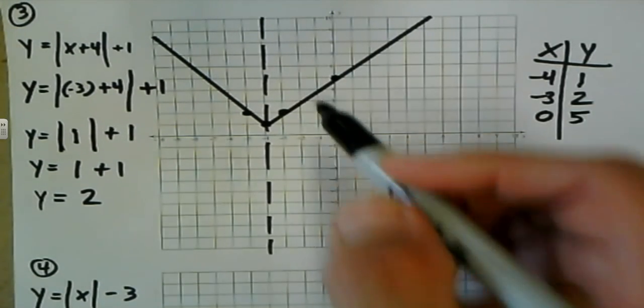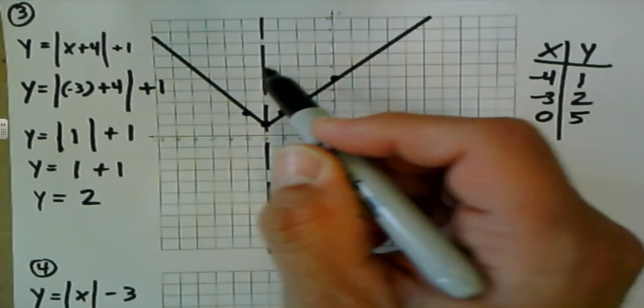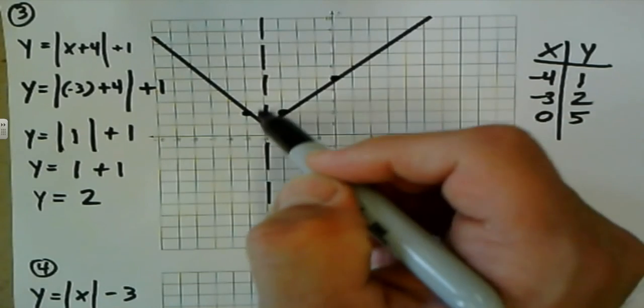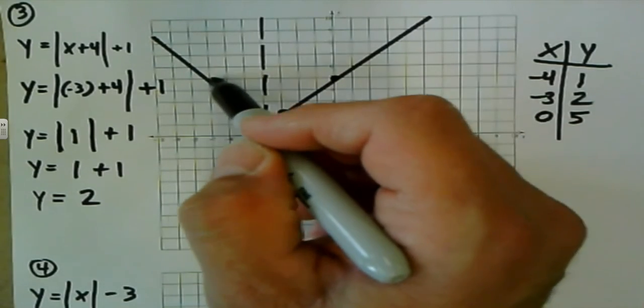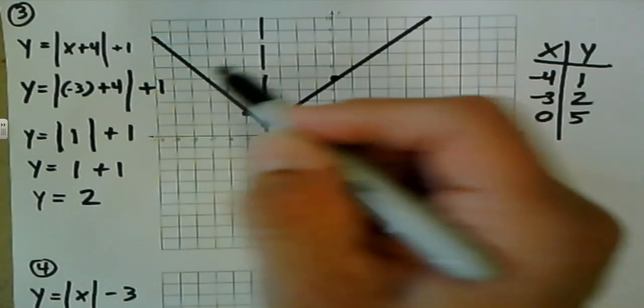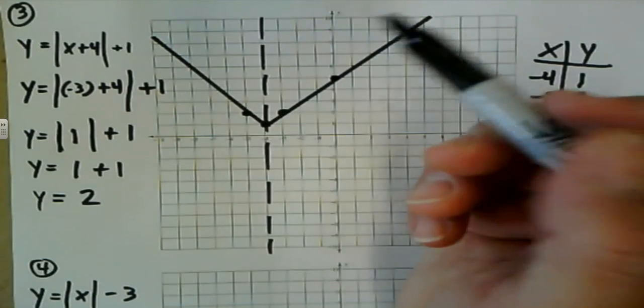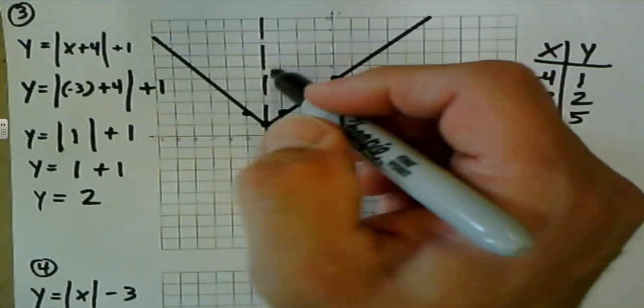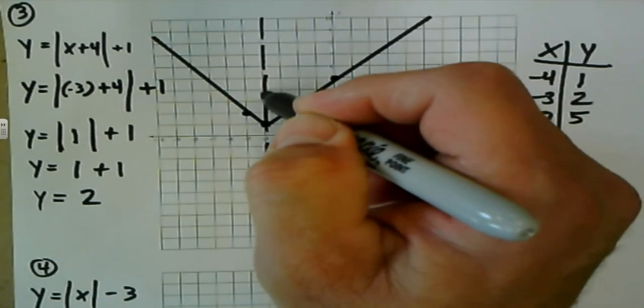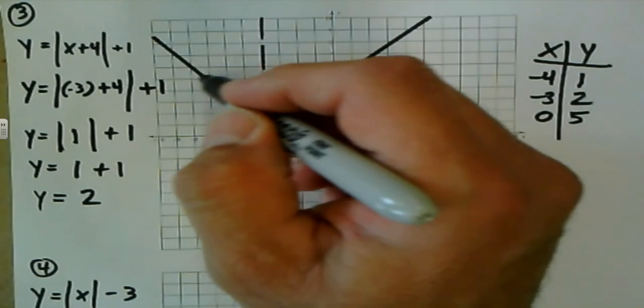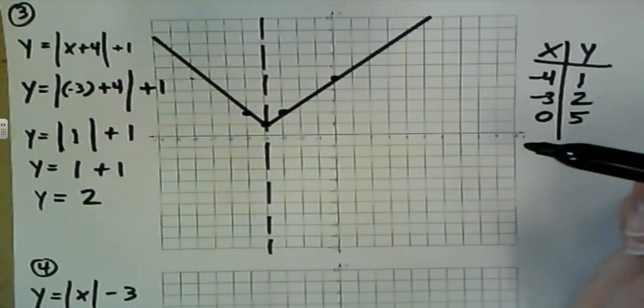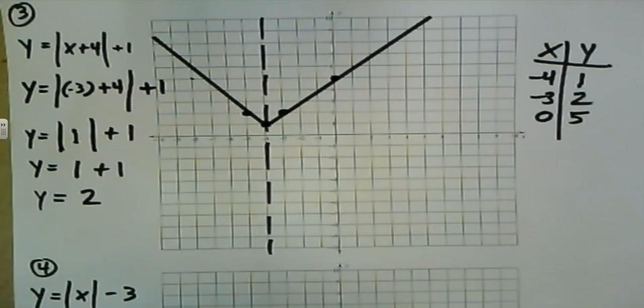The only problem with that is you're going to have to go 1, 2, 3, 4, 1, 2, 3, 4, and put it over here. This line is off. That's why I like to do more than one dot. Because technically that line should be right there. The line's off. But that's okay. It's the idea. We're trying to get the idea across to you.